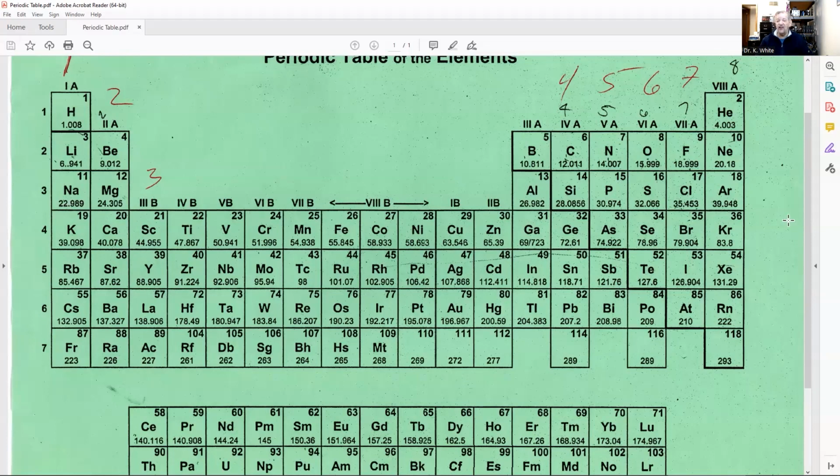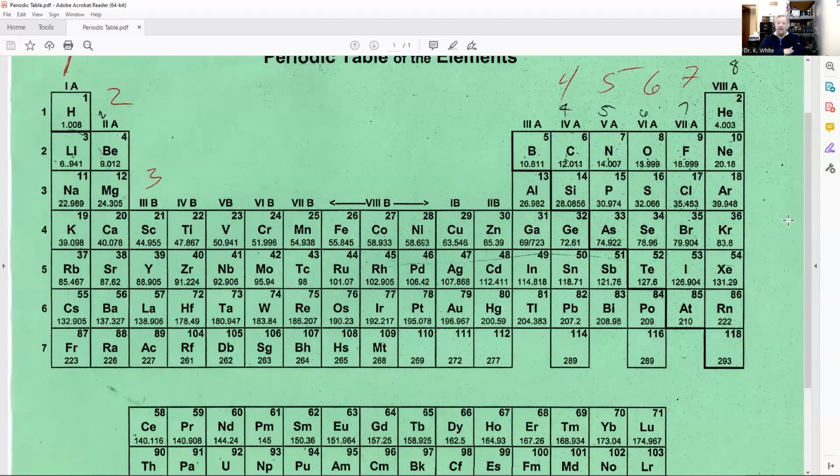Well, again, you have the same two choices, neon at 10, argon at 18. The difference between 10 and 11 is only 1 away. The difference between the atomic number of sodium and argon is 7 away.